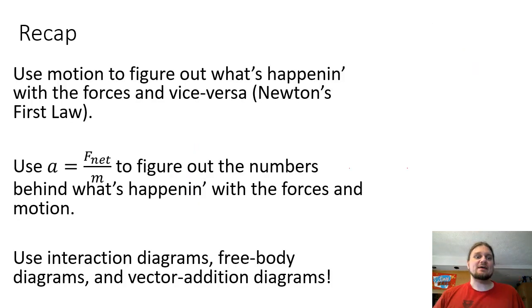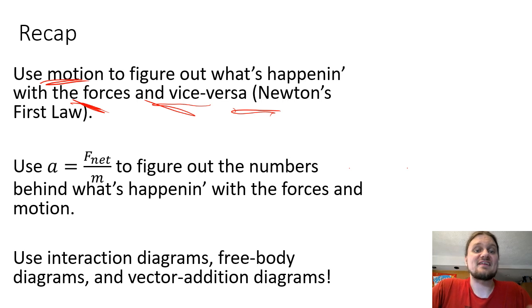So just a quick recap. The idea here is that we use motion to figure out what's happening with the forces and vice versa. And the glue that holds motion and forces together, the get-along shirt that holds those two things together, are Newton's first and second laws.